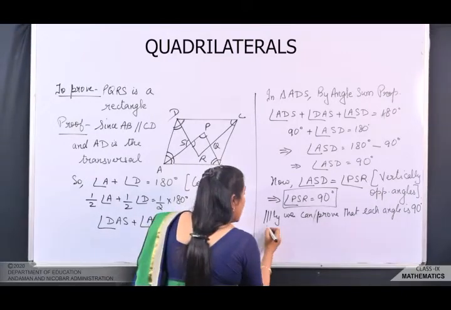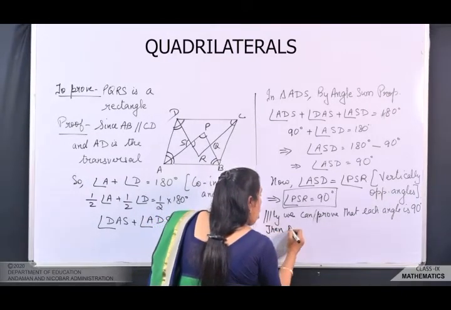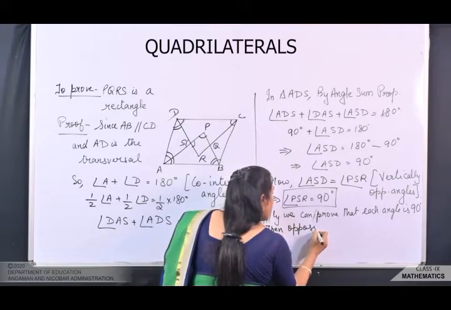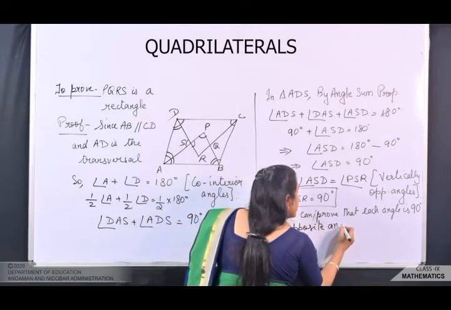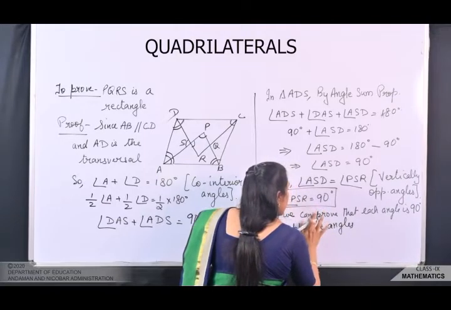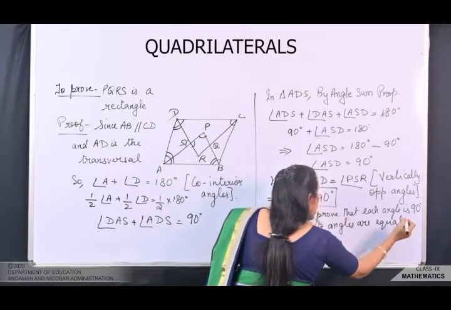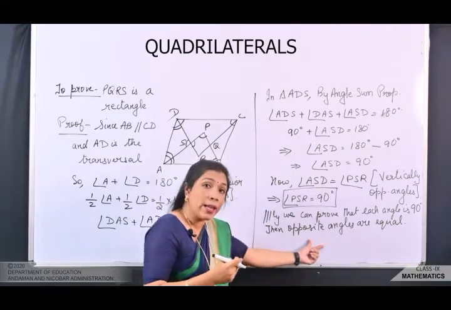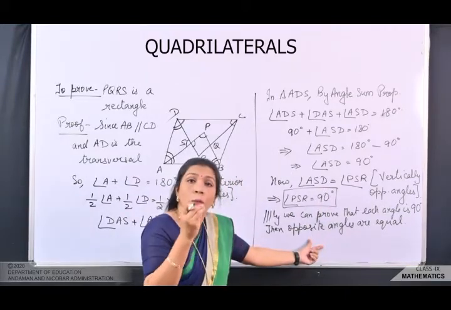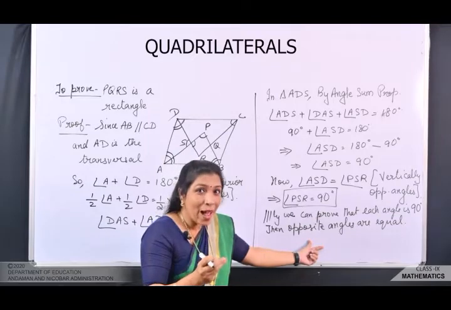So what will you write? Then opposite angles are equal. And what is this now? Opposite angles are equal. This is one property of parallelogram, isn't it?